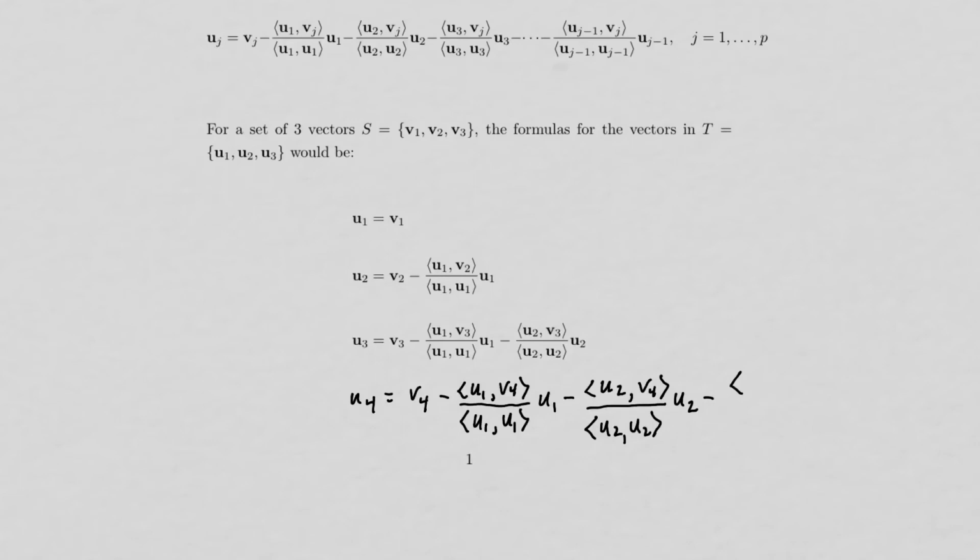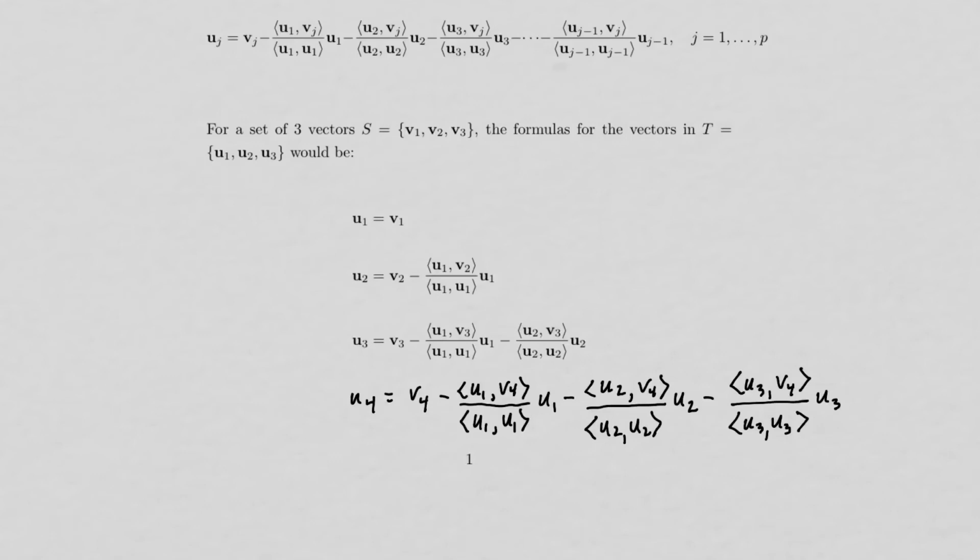If I had 4 vectors in the set S, u4 would be v4 minus the inner product of u1 with v4 over the inner product of u1 with itself, all of that times u1, and then minus the inner product of u2 with v4 over the inner product of u2 with itself, all of that times u2, and then another term, minus the inner product of u3 with v4 all over the inner product of u3 with itself, times u3.